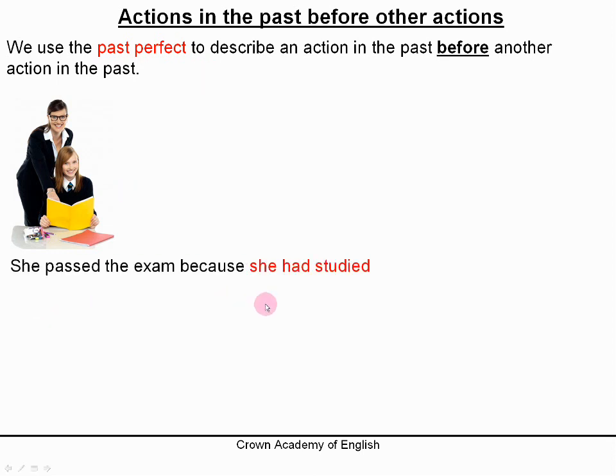She passed the exam because she had studied hard. Okay, so in the past, first she studied and then she passed the exam. So she studied first. So we use the past perfect. She had studied.